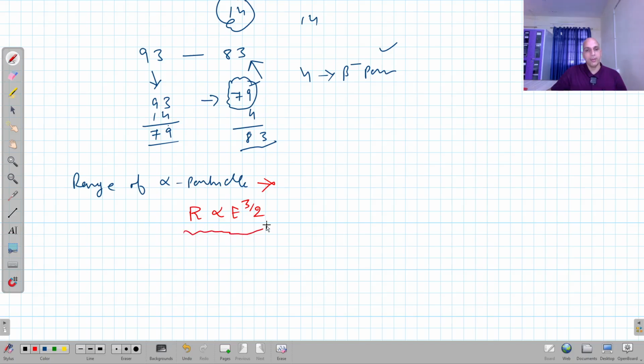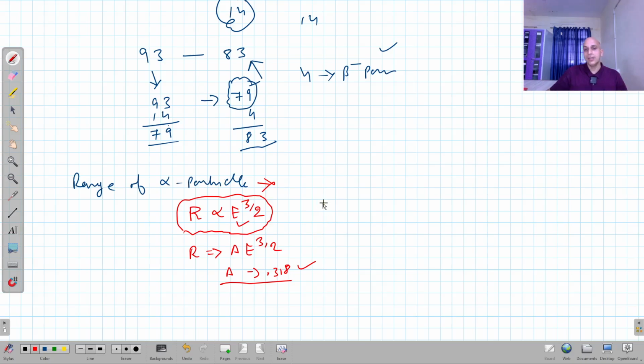This is the relation between the energy and range. Here E is the energy of the alpha particles, and R is the range, distance up to which this can travel. I can write R is equal to a constant A into E power 3 by 2. Here constant A is equal to 0.318, right? So you can use this relation for calculating the range.